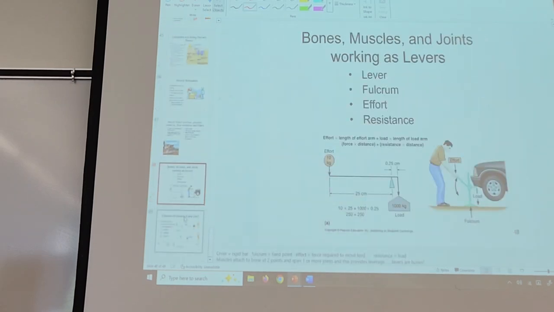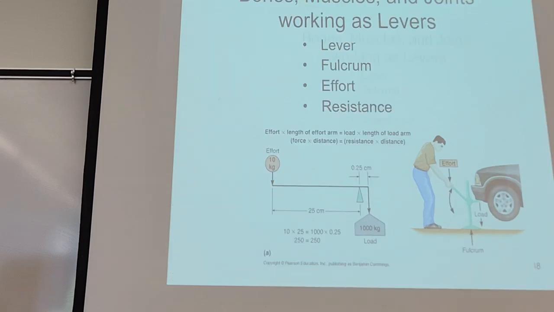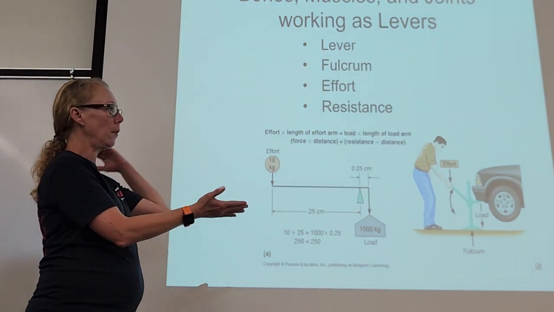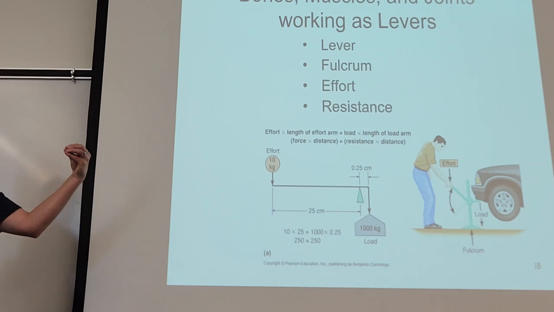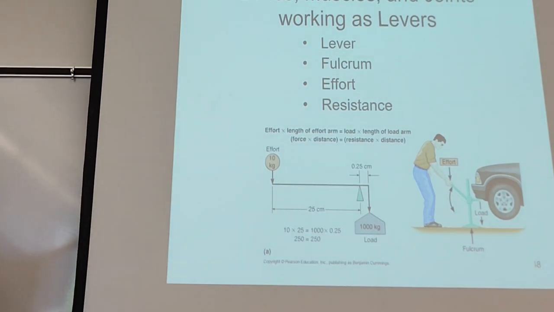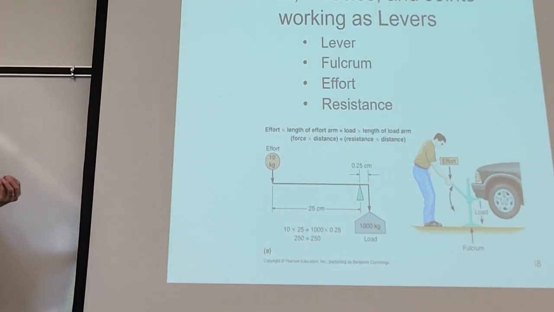Okay, so the last topic then that we need to talk about is lever systems. And we're going to talk about 3 different types of lever systems in the body. But essentially, because muscles have tendons on either end, they usually span across an articulation and attach onto 2 different bones.